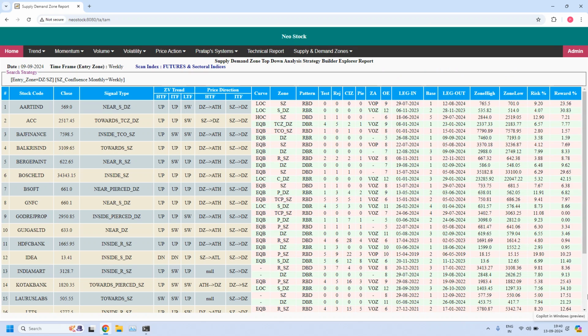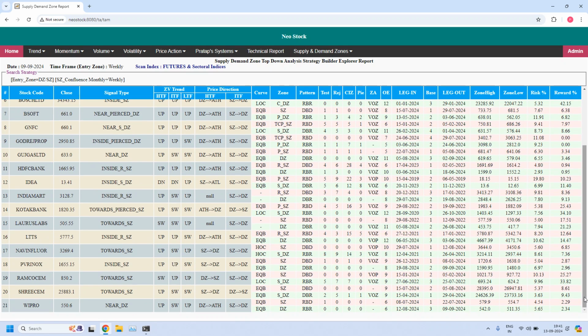So this is the filtered list. First 15 stocks you are seeing. Let me scroll the list down. So total 21 stocks. In all these 21 stocks, weekly zones are part of the monthly zone. That is what zone confluence means. Weekly supply zones are part of the monthly supply zones.